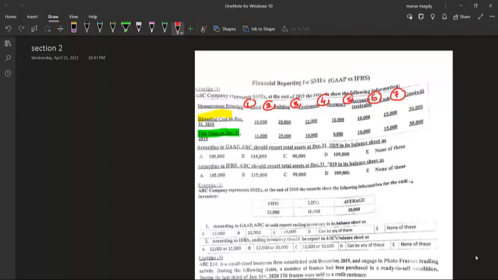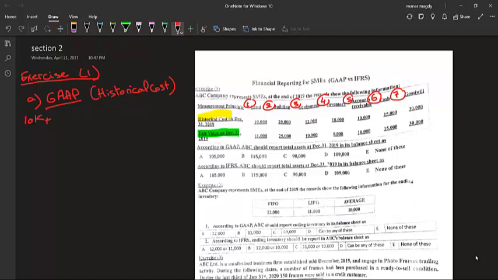So we can apply the historical cost over all of these accounts.